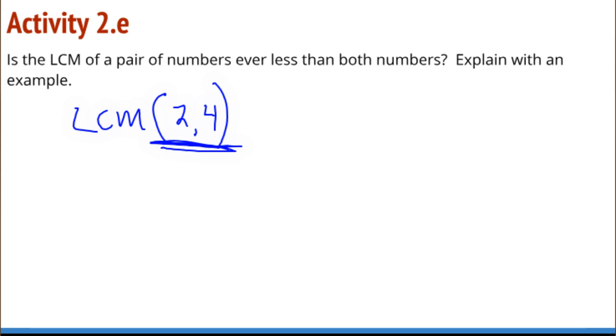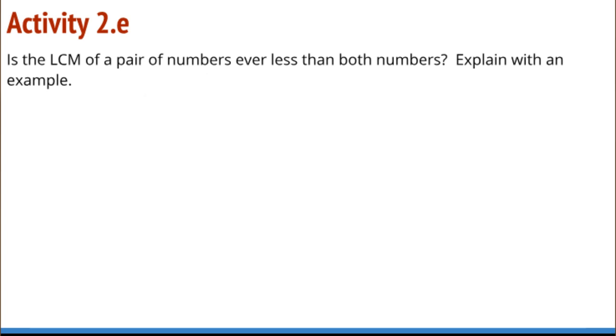So we have to be getting bigger. We have to be having more than 2 and more than 4. So, no, we can't be less. So your brain should scream at you when you come to a least common multiple that is less than both of the numbers. You might want to say to yourself, something's wrong here.